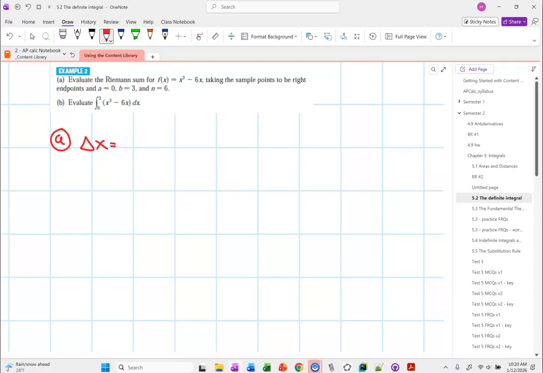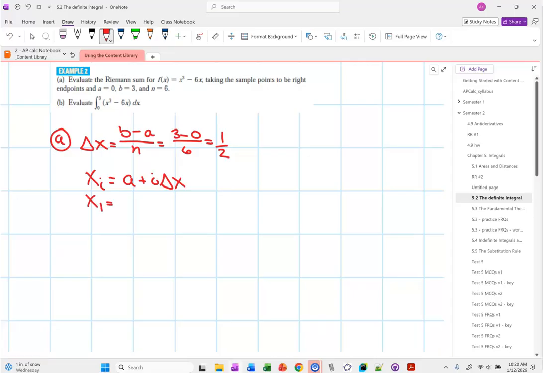So I'm going to start by calculating my delta x. Remember that the delta x formula is b minus a over n. So that's 1/2. Everybody's okay with that? My xi is a plus i times delta x.